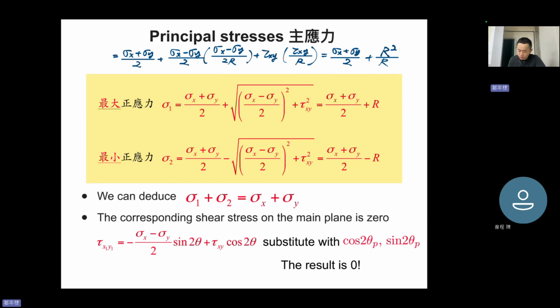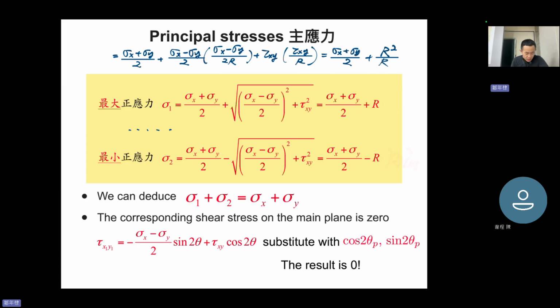With the same procedure you can get minus r. Of course, r is positive, because it's a distance. So plus r should be the maxima, and minus r is the minimum.